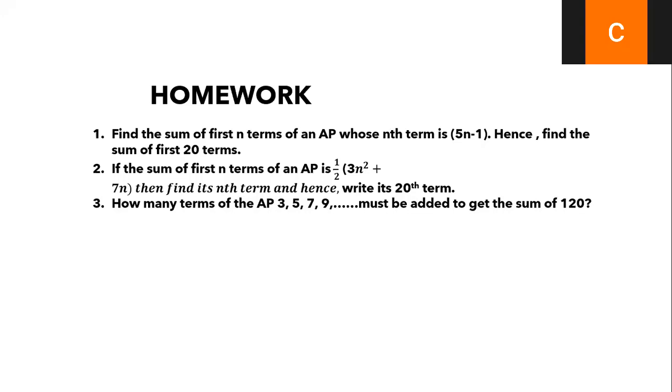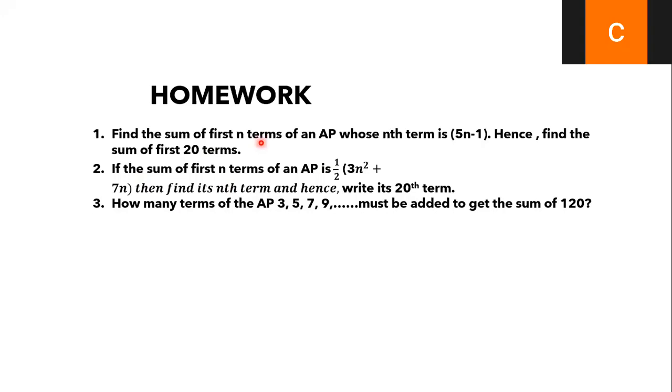Hence, find the sum of first 20 terms. Just now we have solved this type of question. First, find the first term, then the D value. After that, take N as 20 and find out. Same type of question we have solved just now.